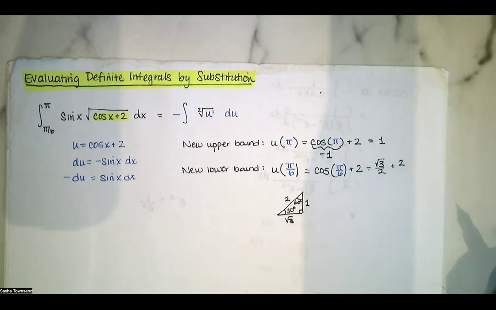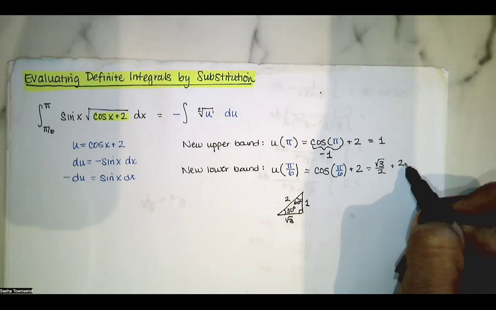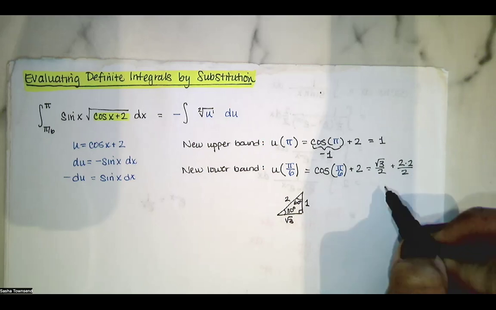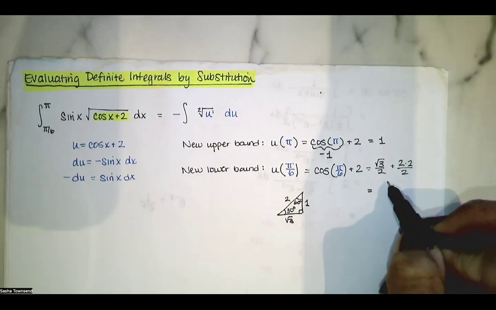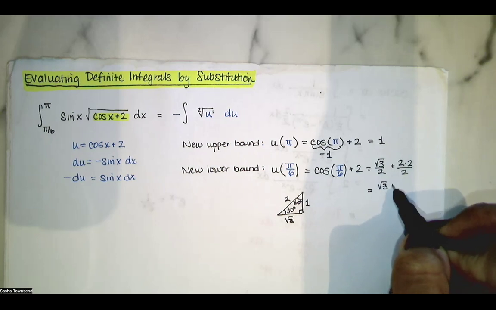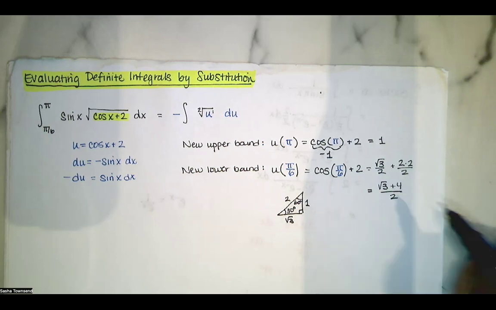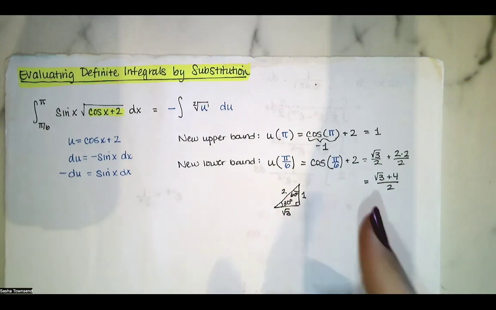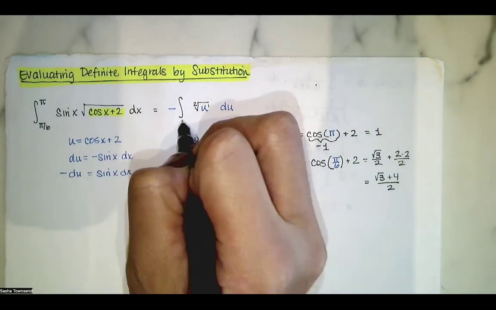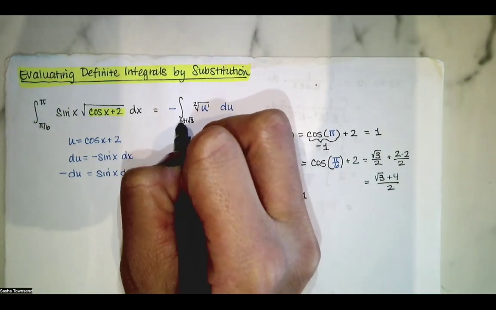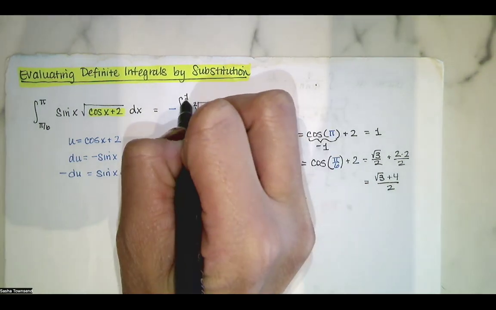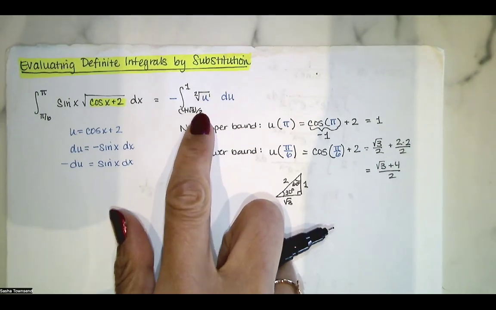And we're adding 2. Now, if I want to get a common denominator, I'll multiply this one by 2 over 2. And I see that my new lower bound is the square root of 3 plus 4, all divided by 2. Okay, so I'm integrating from 4 plus square root of 3 divided by 2 to 1. And that's what we have.